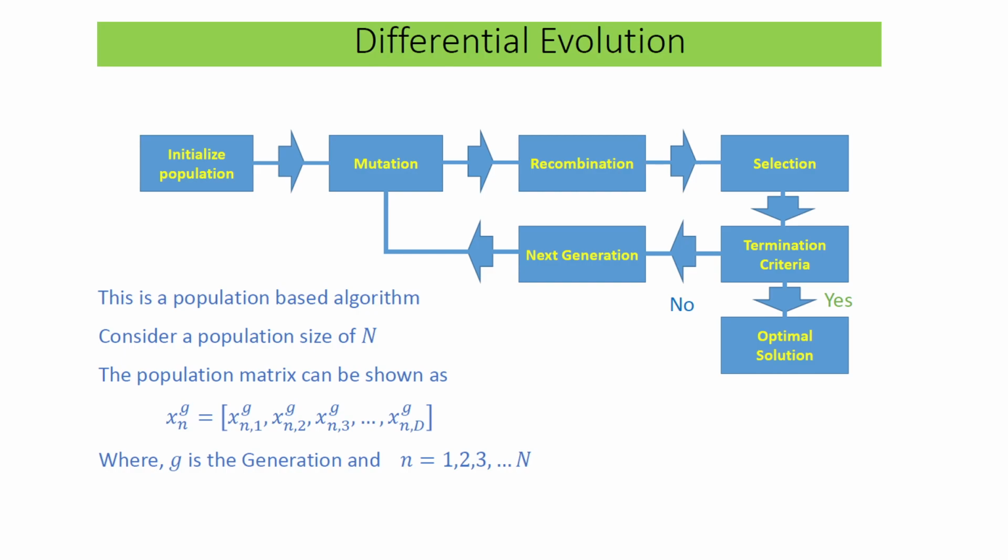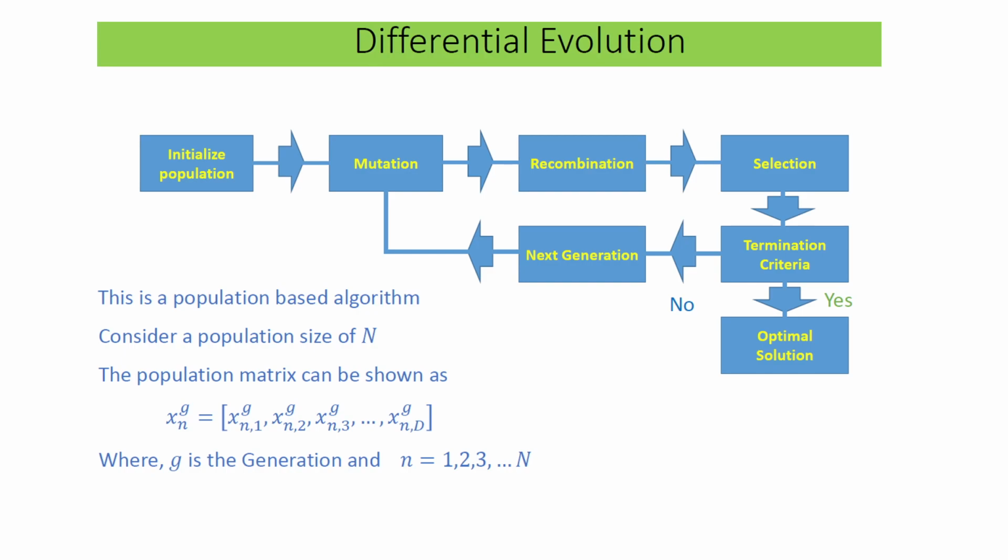So this is differential evolution. I discussed the concept regarding this in the last class. What are the steps involved? First, you initialize the population. Then you do the mutation, which is slightly different here: we create a donor vector from the target vector, and then we do the recombination.